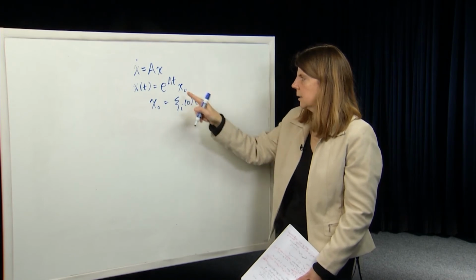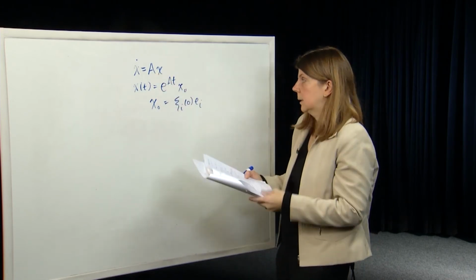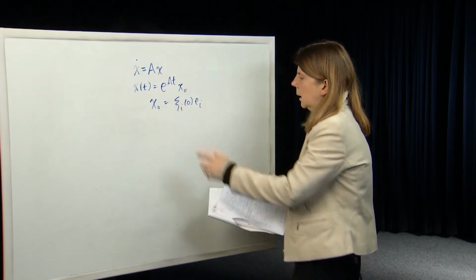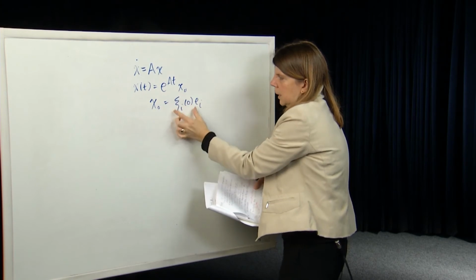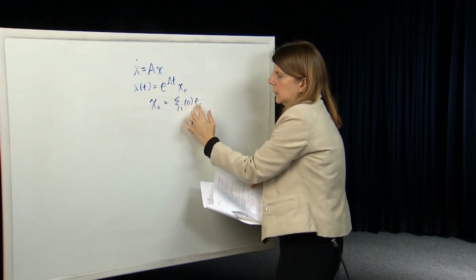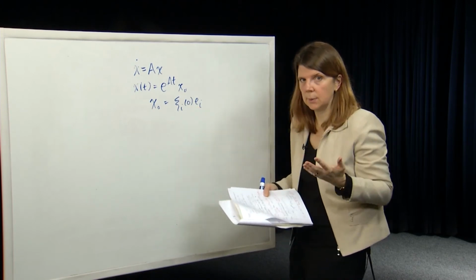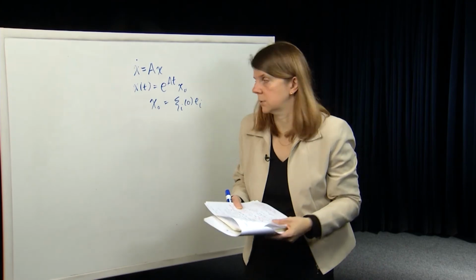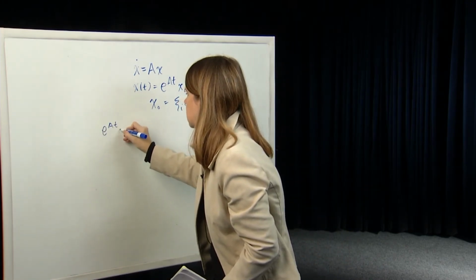So that's one of the eigenvectors of the matrix A. Well, if you have that, then you can see the following. This is a scalar, so if we plug this into this equation here, we'll get e to the At times the eigenvector ei. Okay, so what's that? Remember, ei is an eigenvector of the matrix A. So e to the At times ei.